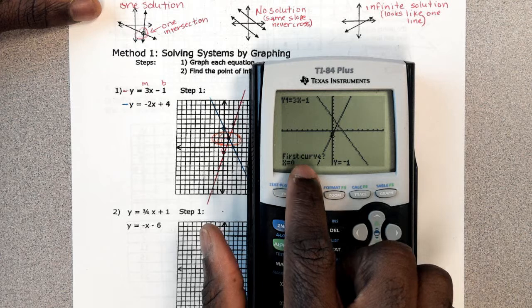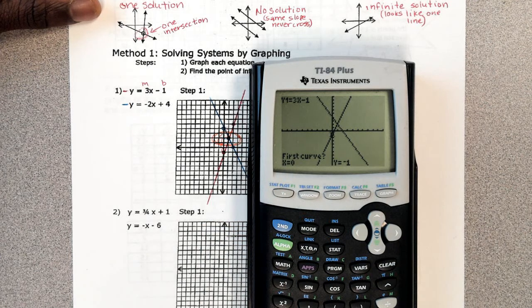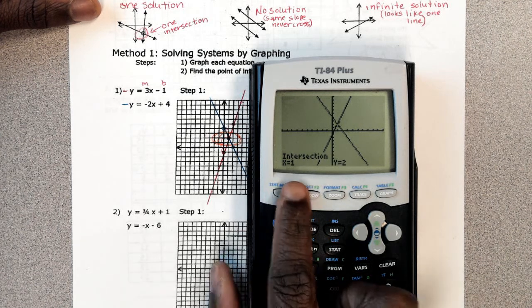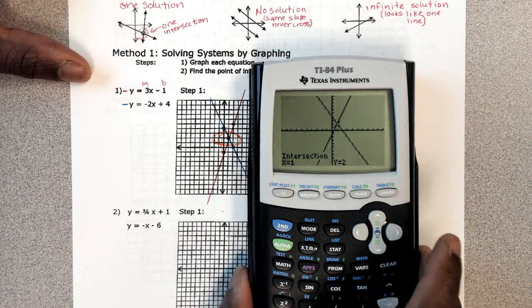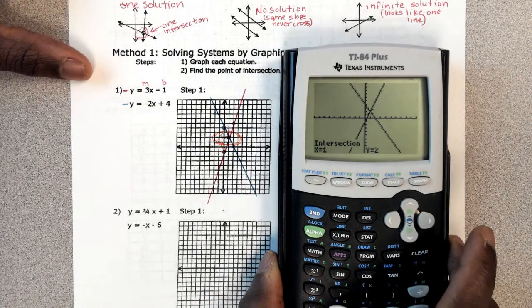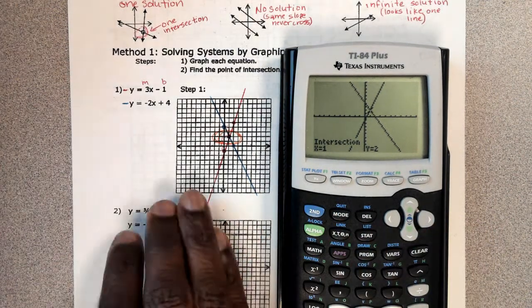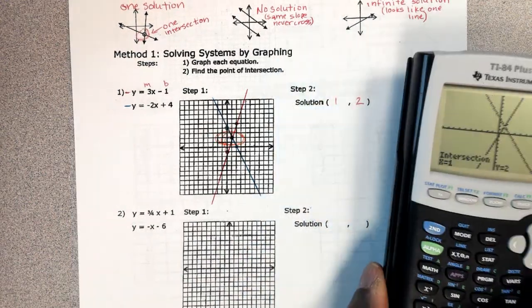The first is first curve, so it's asking which lines we are looking for the intersection of. So we press enter. It should jump to the other line. Press enter, and it's going to say guess. You just press enter again. And you get the point (1, 2) like we just did. Real easy, as long as it's in y equals. Now, you can get any equation into y equals, but that will require you understanding how to solve for a variable.